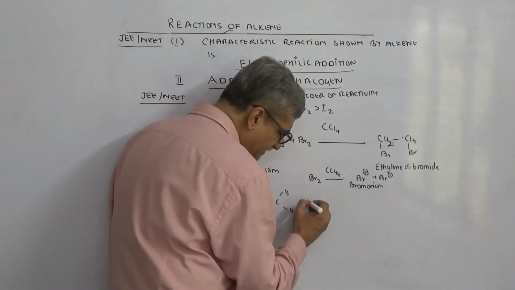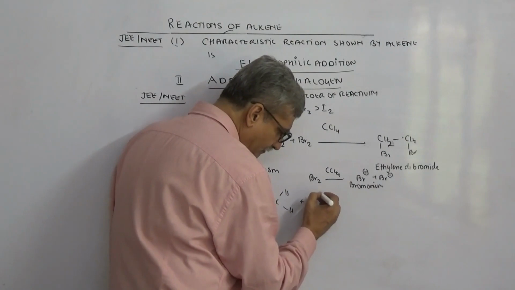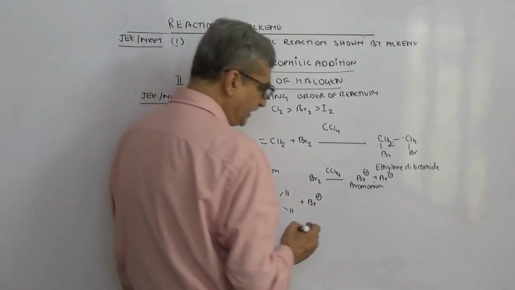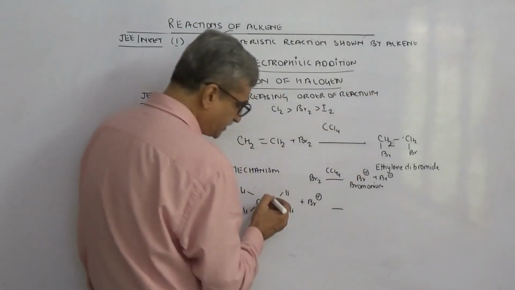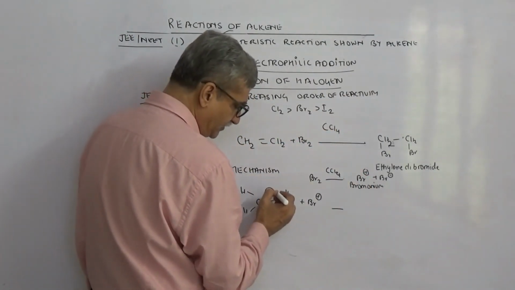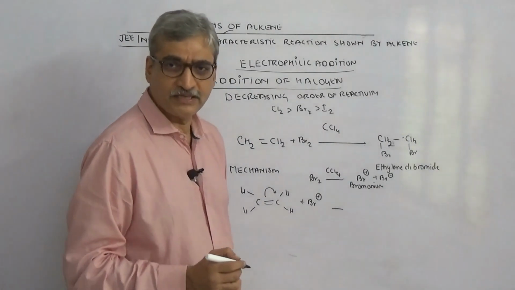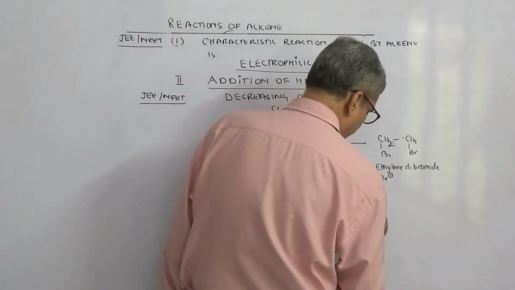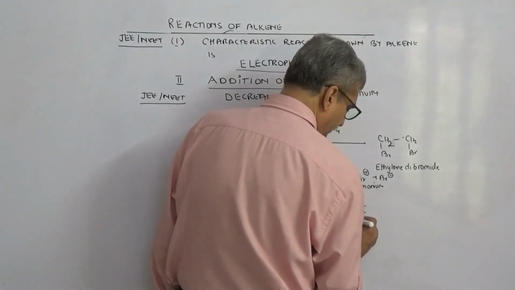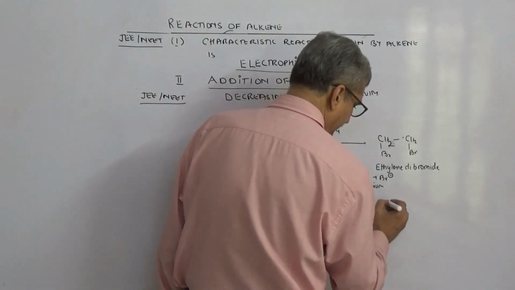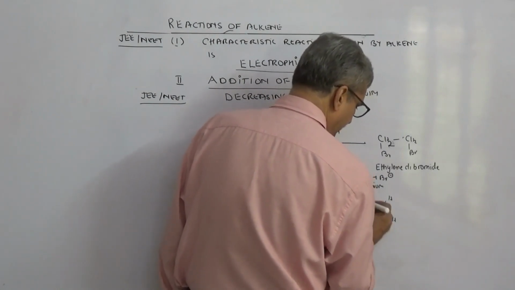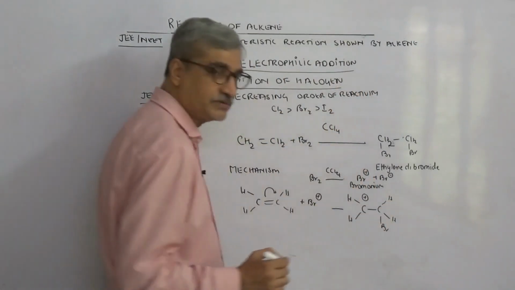So when Br plus attacks, there's a shift in the bonded pair of electrons, electromeric effect, complete transfer of bonded pair of electrons. So this becomes negative. So you have the intermediate, CH2Br, and your carbonium ion is over here.